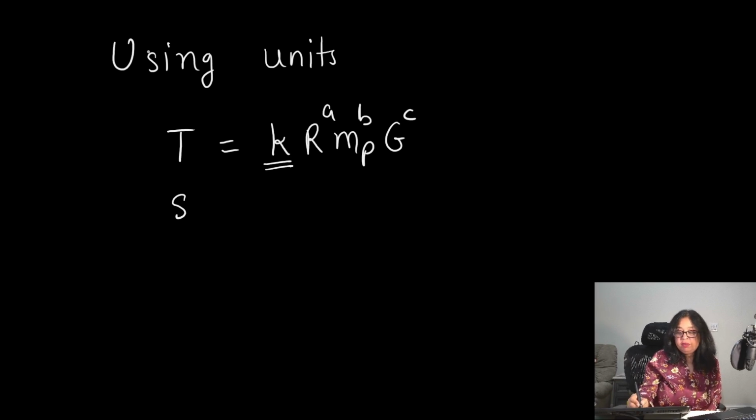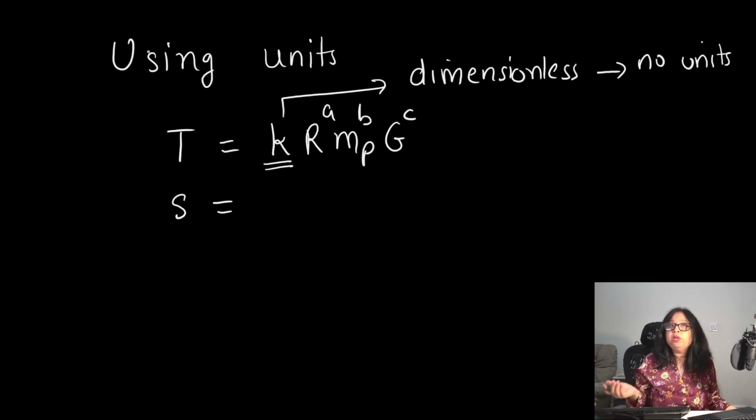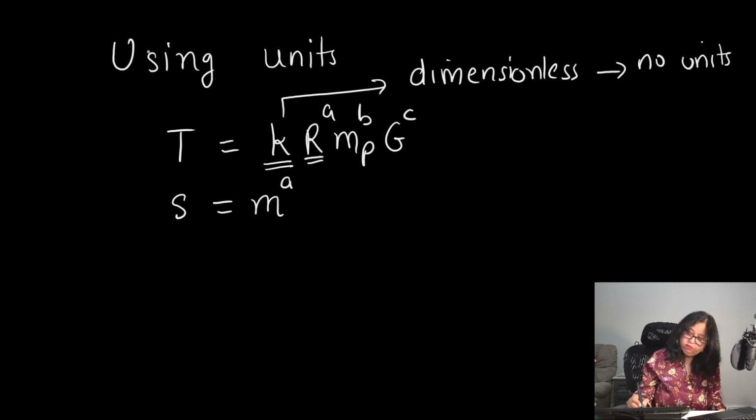Units of K. What did we say were the dimensions of K? Dimensionless. Dimensionless means no units. Alrighty, so we don't need to write anything for K because we don't have anything to write for K. R: distance is in meters to the power A. M_P: mass, kilograms to the power B.